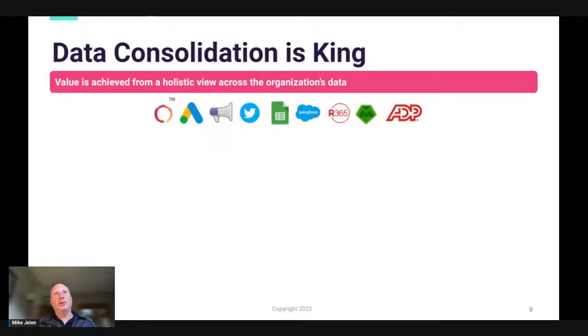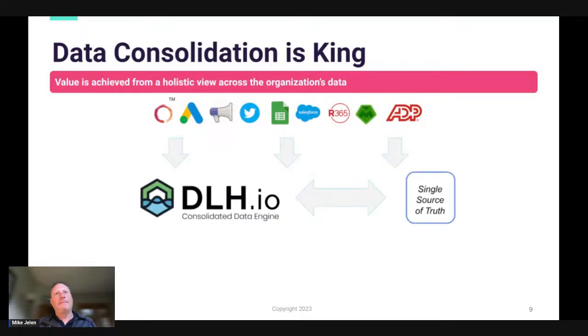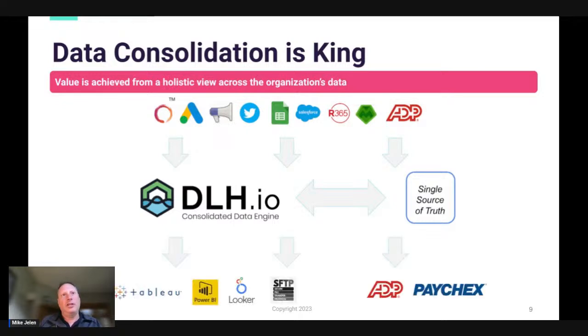So you really want to look at consolidating your data from all your different applications and systems into that single source of truth by leveraging datalakehouse.io as that consolidation engine, so that you can do that analytics, but you can also take that data and feed it to other applications. You might be enriching the data in that single source of truth. You might be pushing that data up for payroll purposes, for bonus purposes, commissions. You could have other third parties, partners and vendors that you're sharing data with about their experience.